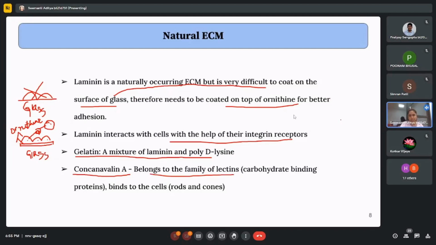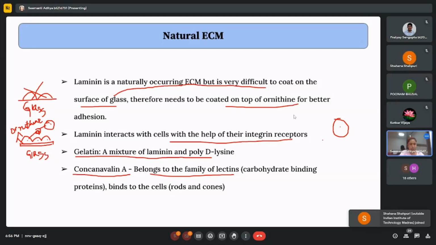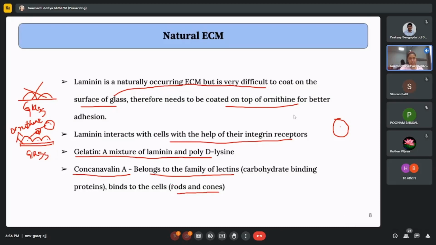These are also present on the surface of cells. So when concanavalin A is coated on the ECM, it can bind mainly to rods and cones, which are present in optic sensation.